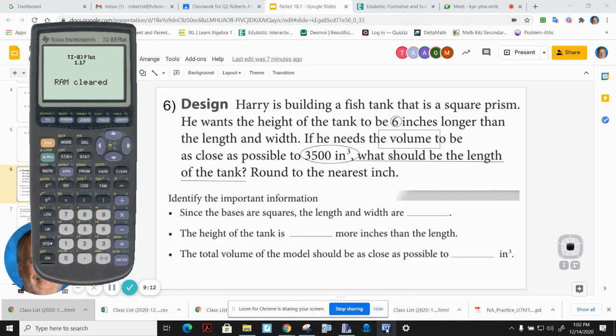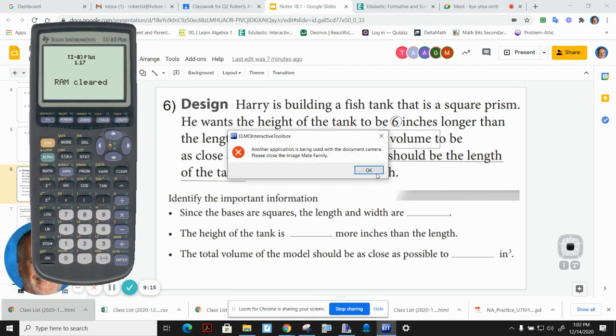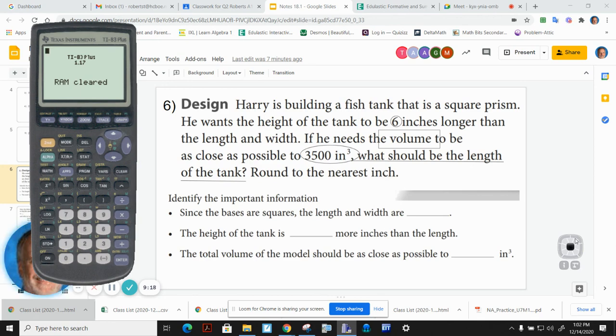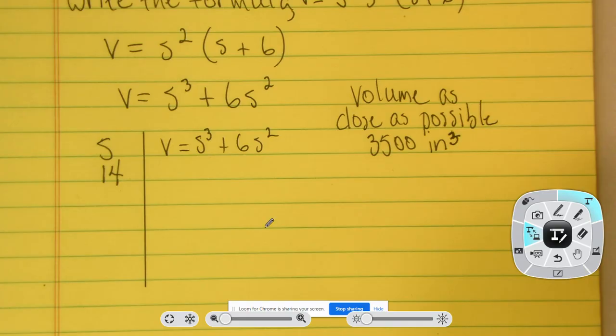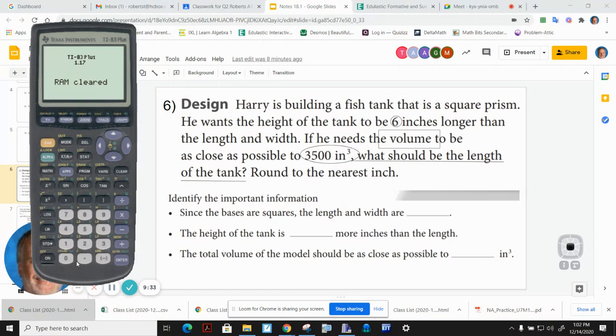I put in 14 to the third power plus 6 times parentheses 14 squared, and close the parentheses so it will multiply.